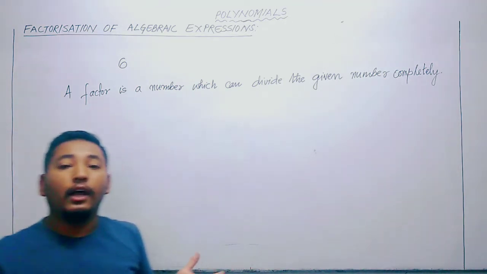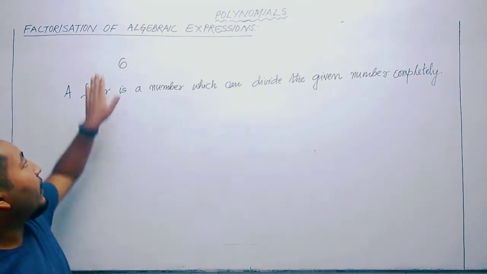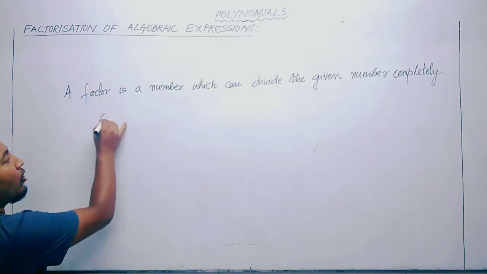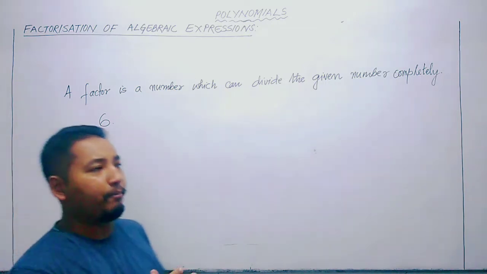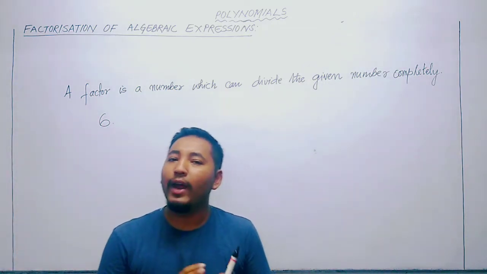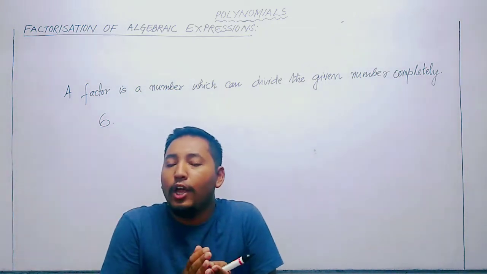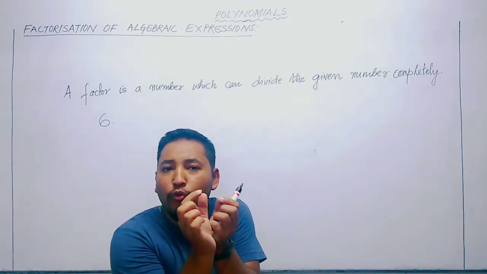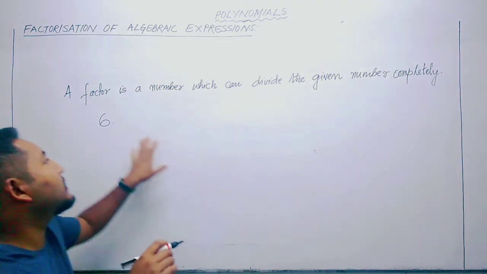Now, if I say write down 6 as a product of its factors, it means you have to write 6 in such a way that when you multiply the two factors of 6, you get 6.